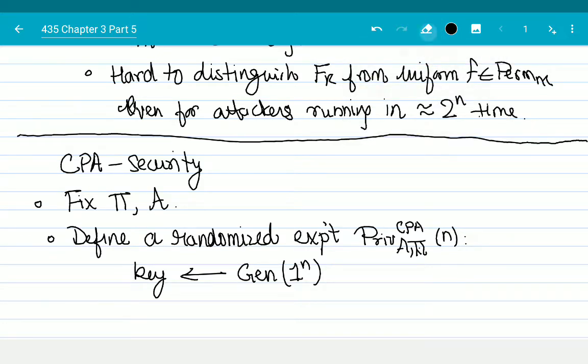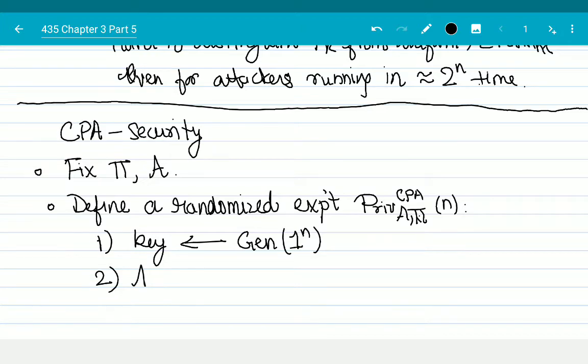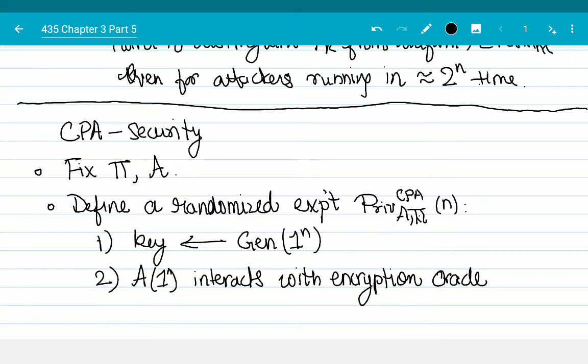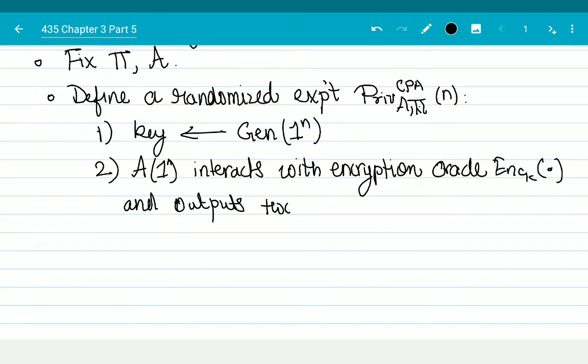Then A, given 1 to the n, interacts with our encryption oracle Enc_k, and then outputs two messages m0, m1 of its choice, of the same length.